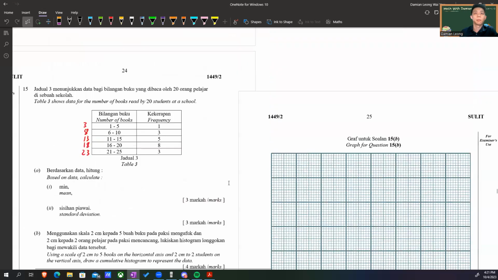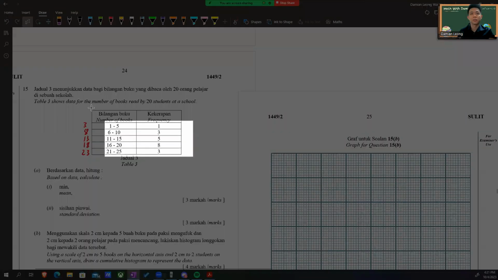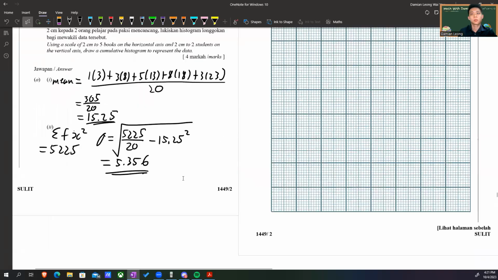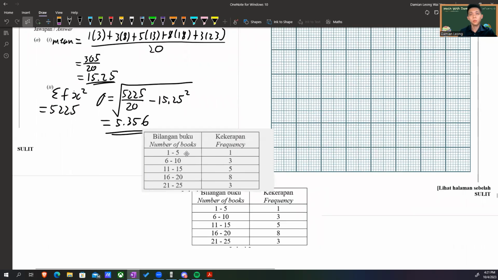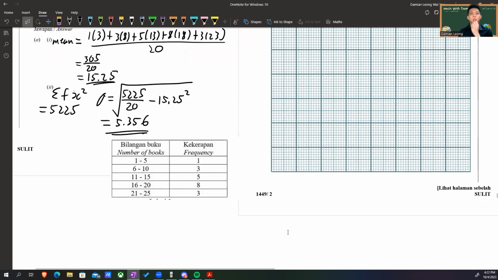Cumulative histogram. So we look at the frequency table here first. From the frequency table, what we want is the upper boundaries.